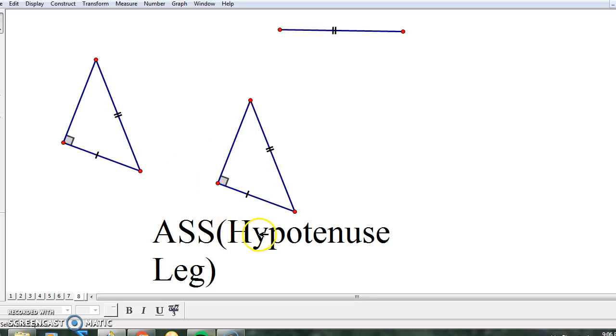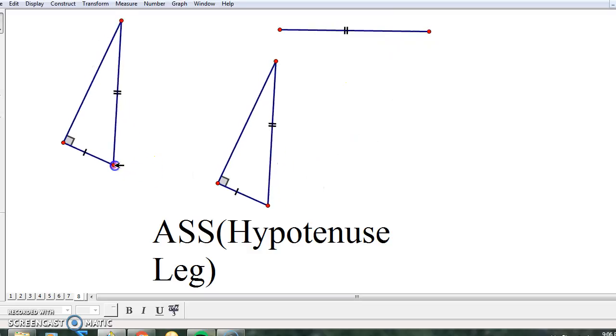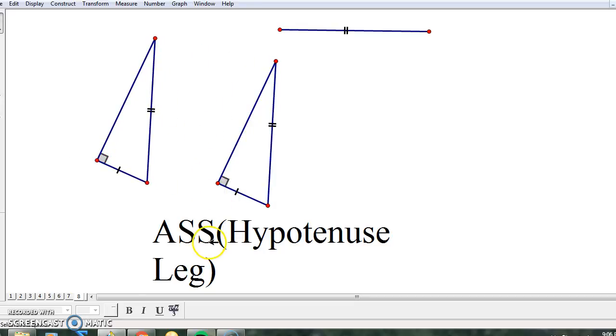A lot of times people call that the hypotenuse-leg theorem, where we have a right triangle with the hypotenuse congruent to the hypotenuse and the leg congruent to the leg. Even if I change that, they're still going to be congruent triangles. So that is an exception to the rule that we talked about over here.